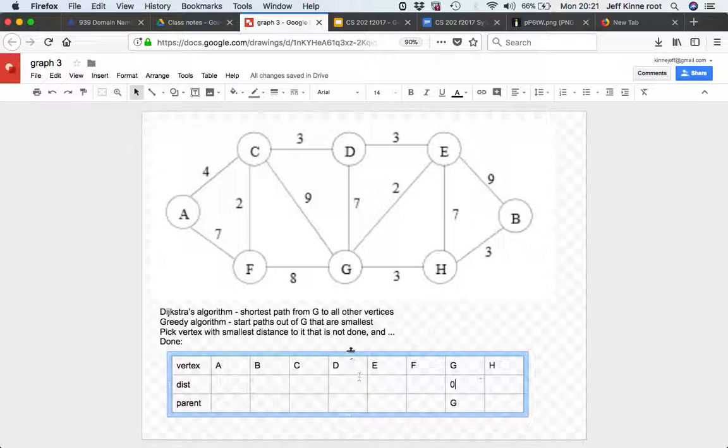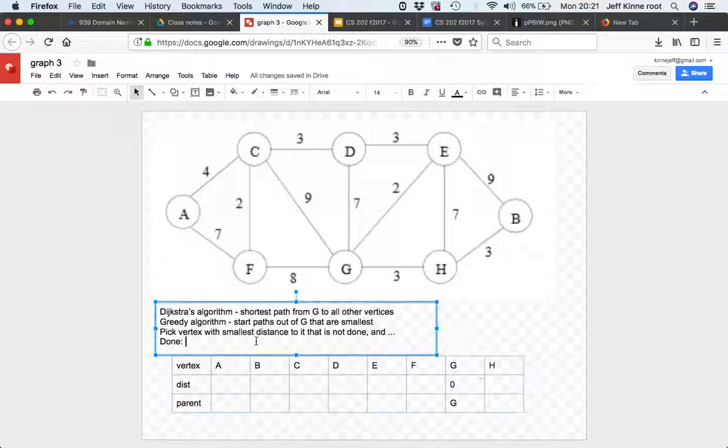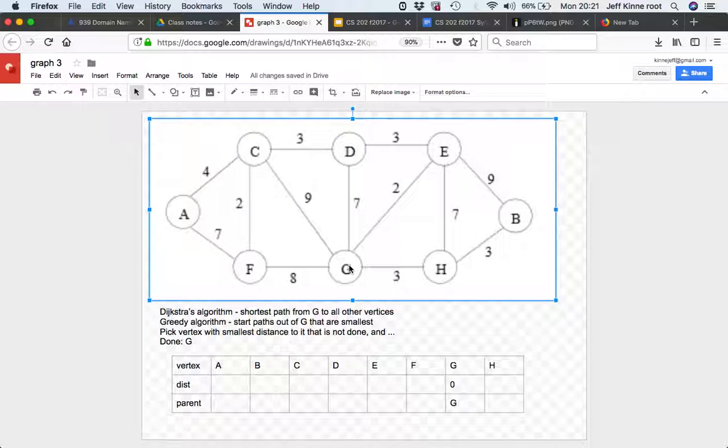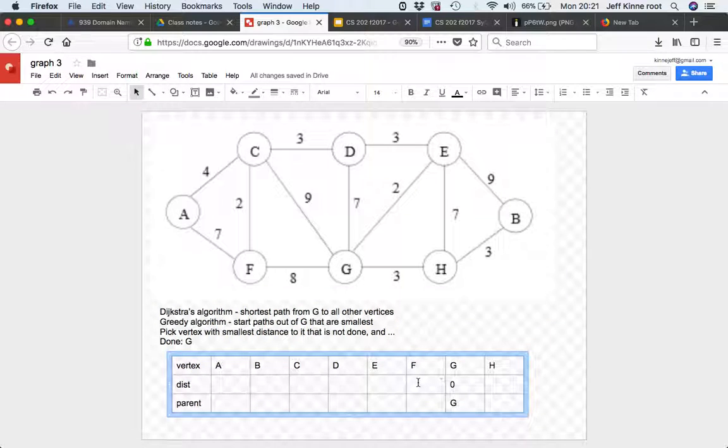That's G. So we're going to pick G, move it to done, and update all the neighbors of G. From G we could get to F with 8. That's better than what we have, which was nothing. We can get to C with a distance of 9.